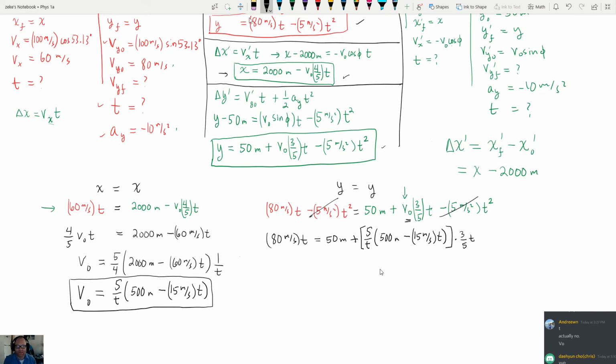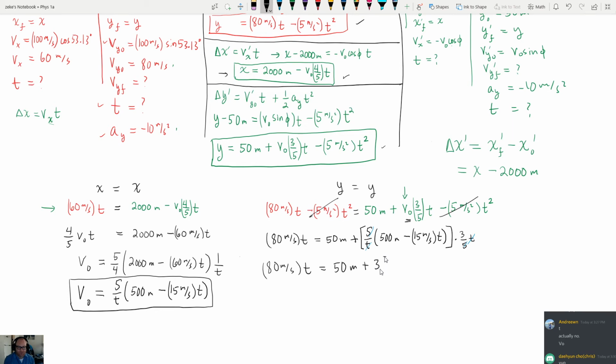Now some things will cancel out. So this t will cancel with this t, and this 5 will cancel with this 5. That's why I didn't multiply the 5 through. So we have, on the left-hand side, okay, so what's left inside of here? We still have a 3 multiplied to everything, so we'll do that in the next step.